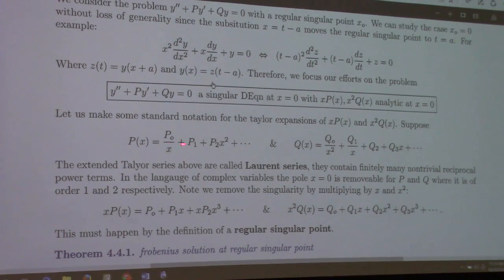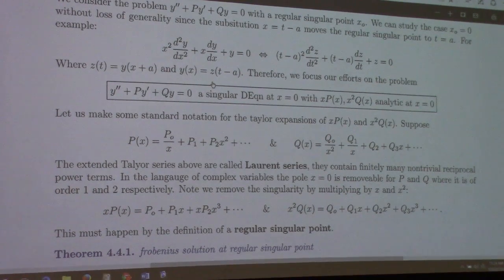If I multiply this by x, I get xp = p0 + p1x + p2x squared and so forth. If I multiply by x squared, I get x squared q is a power series. So yes, p and q are singular at 0, but they're mild in their singularity. So this is a regular singular point, as I defined last time.